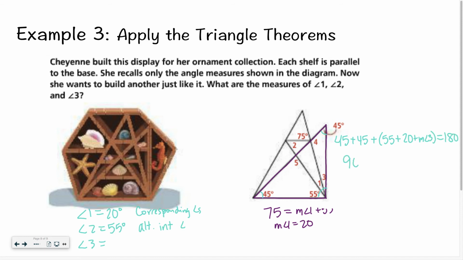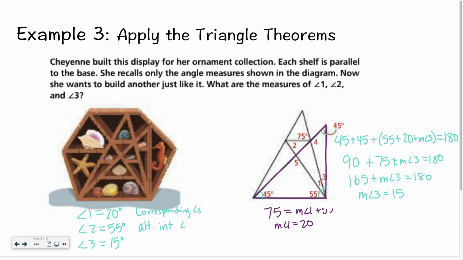So if I simplify it, I have 90 plus 75 plus the measure of angle 3 equals 180. I can combine my 90 and 75 to get 165 plus the measure of angle 3 equals 180. Subtract 165 from both sides, and I'm left with the measure of angle 3 is 15 degrees.